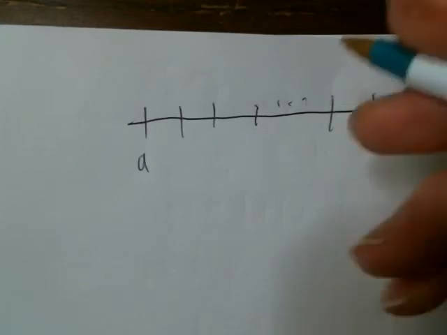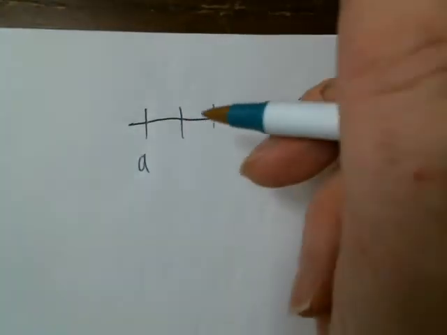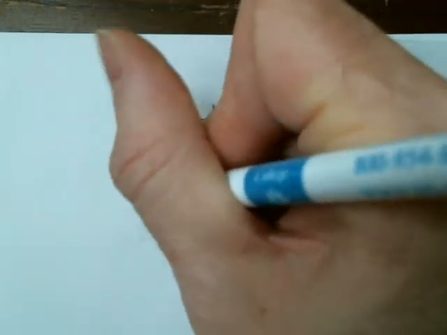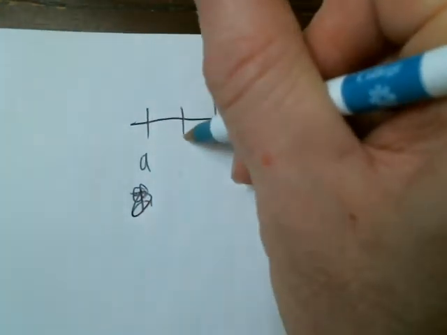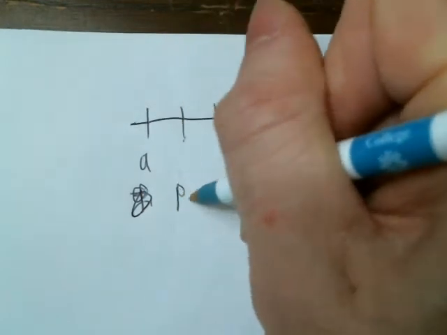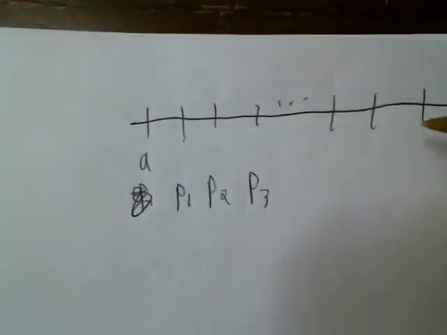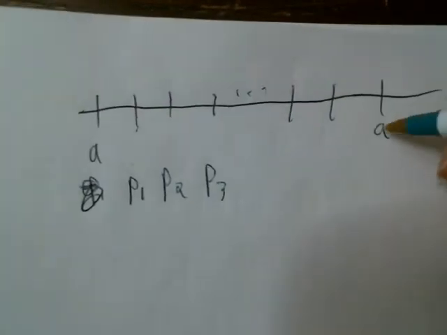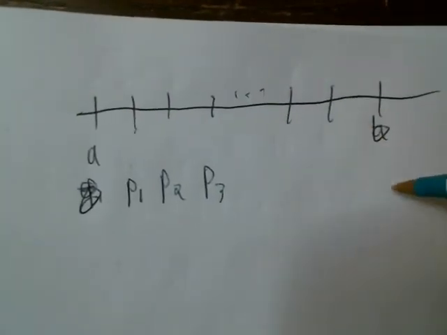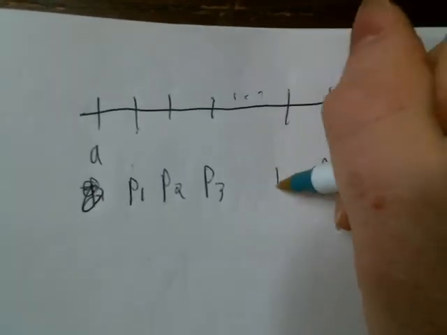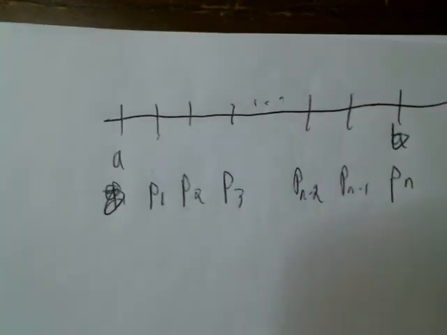So I need a formula to pull that off. Again, I'm going to use p sub i. I want p sub 1 to be this guy here, and then p sub 2, p sub 3, all the way up to p sub n, which I'm hoping equals b. So this would be p sub n minus 1, p sub n minus 2.